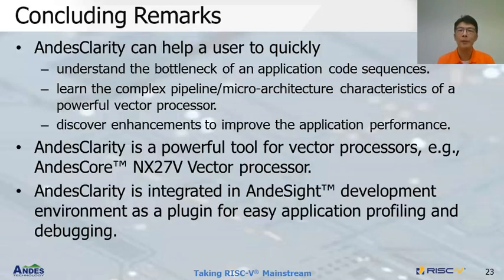In summary, AndesClarity can help a user to quickly understand the bottleneck of his or her code and easily become familiar with the microarchitecture of the target processor and to discover potential enhancements to improve the application performance.